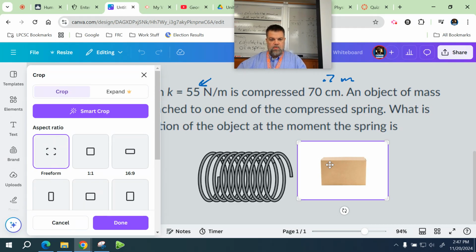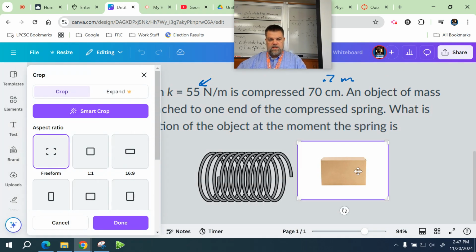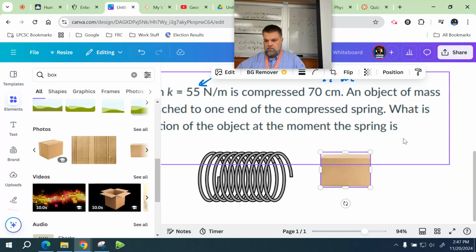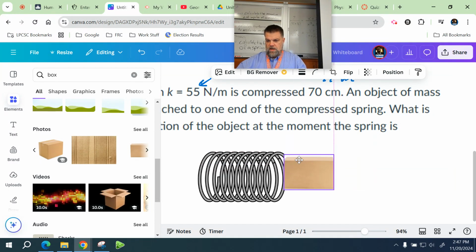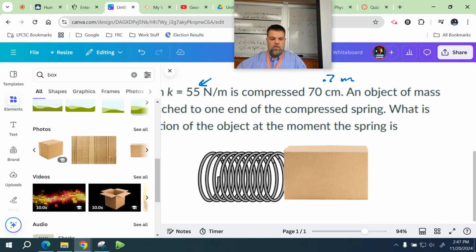It's got to be transparent. Oh, let's do it like this. All right. I'll make it a little bigger. Cool.